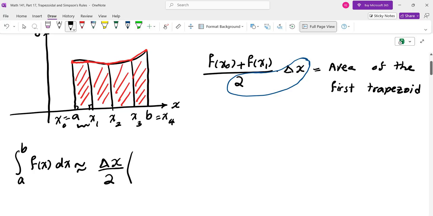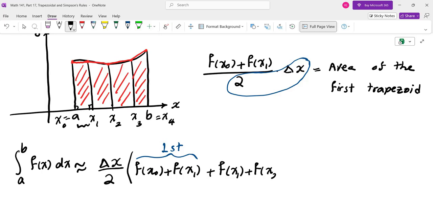Now we're going to have to multiply by the sum of the 2 bases. The first one gives us f of x0 plus f of x1. So this is for the first trapezoid. The second trapezoid gives us f of x1 plus f of x2. So this one is for the second trapezoid.